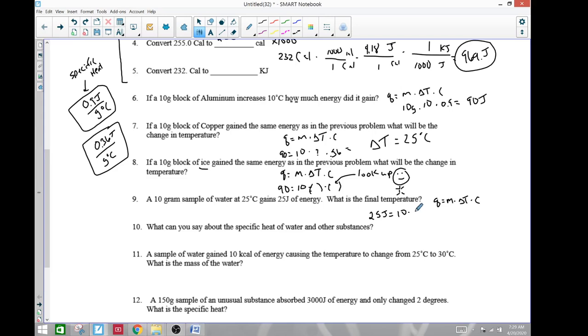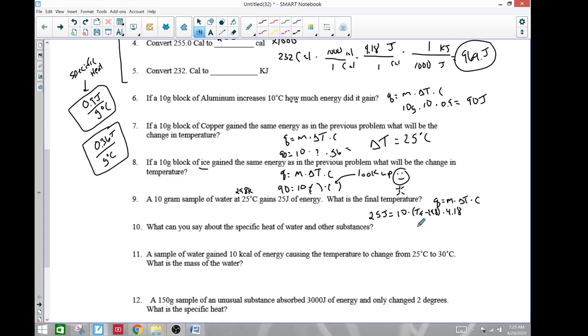Okay, so there's a couple things. You could go TF minus 25. Of course, now if you do it this way, you have to make this 298 Kelvin. 298. And then times heat of water is 4.18.